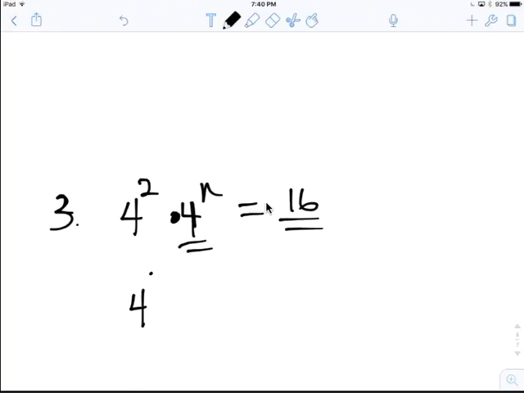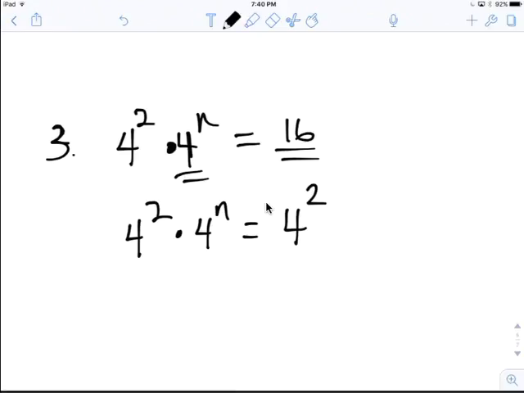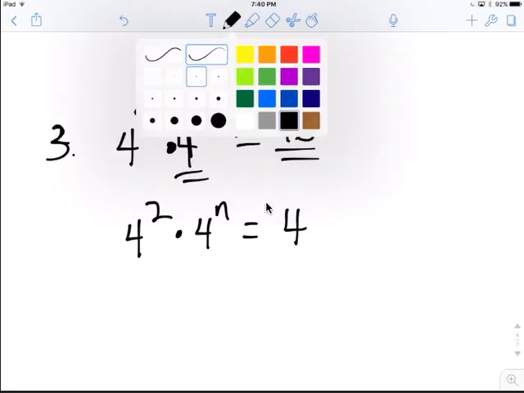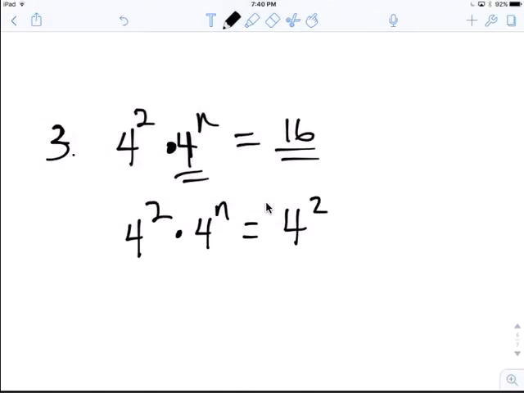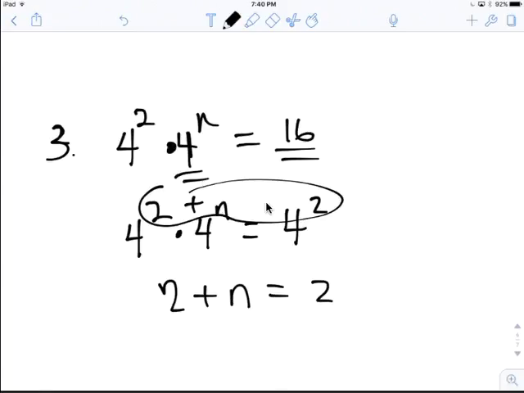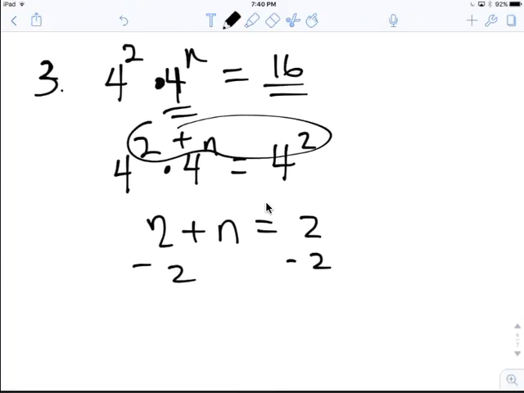This is 4 squared times 4^n, and 16 is 4 squared, and 1 is 4 to the 0 power. If you don't see the 0, if you add it, you get 2. The only number possible is 0 plus n equals 2. Minus 2, minus 2, n equals 0.